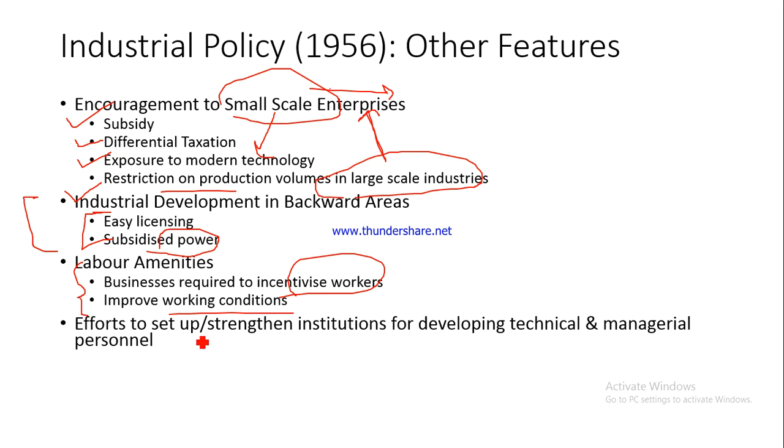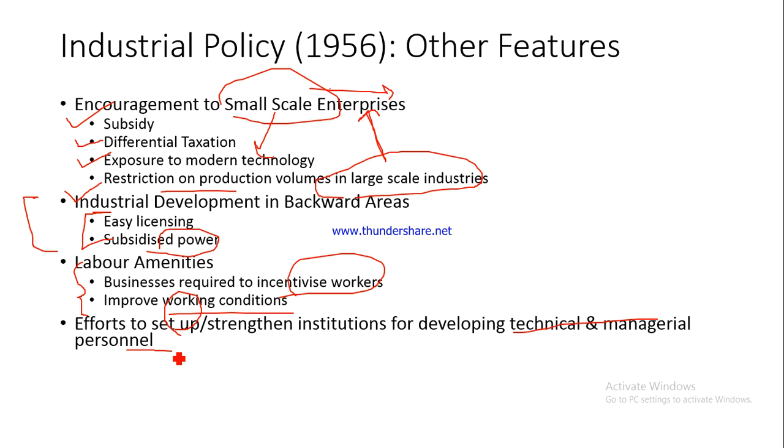Then it was also said that the government would try to not only set up, not only start new institutions, but also to strengthen the existing institutions, so that we may have a ready pool of technological and managerial personnel.